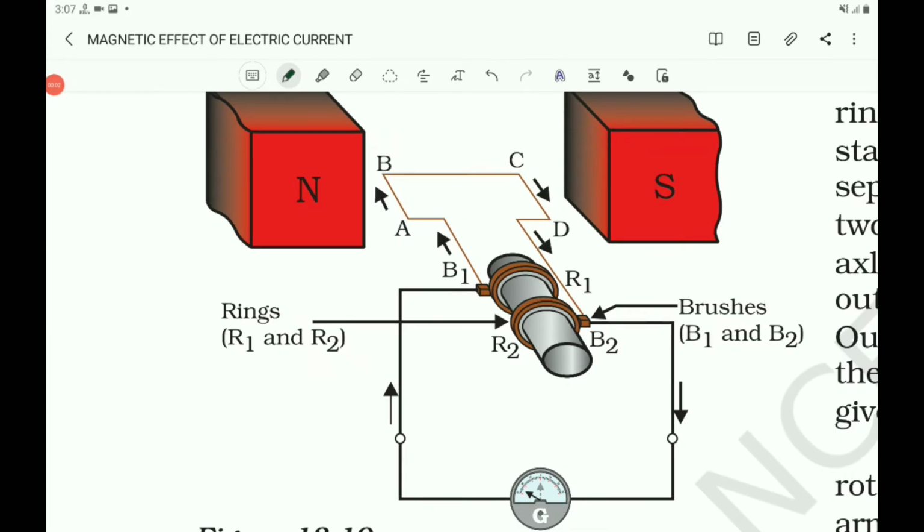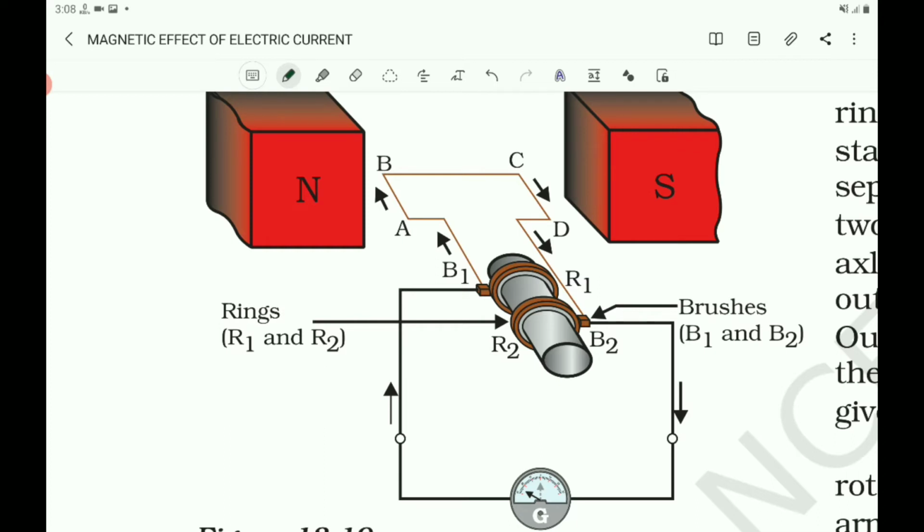Based on the phenomenon of electromagnetic induction, the experiments studied previously generate induced current which is usually very small. In the previous experiments, the current is induced in a small amount.